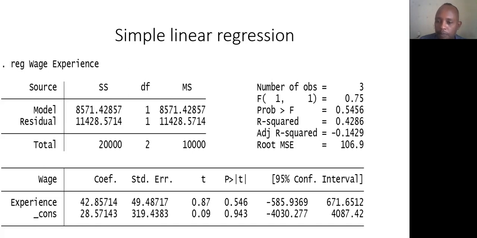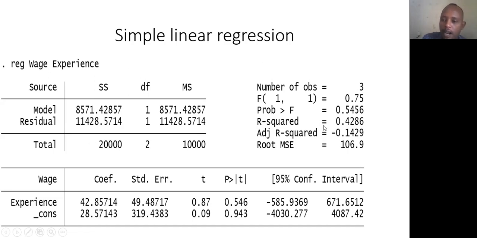What does it mean? The explanatory power of those independent variables is around 42.8%. Independent variables together contributed around 42% of the variation in total variation.